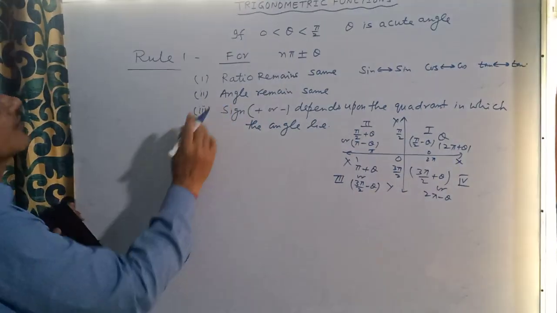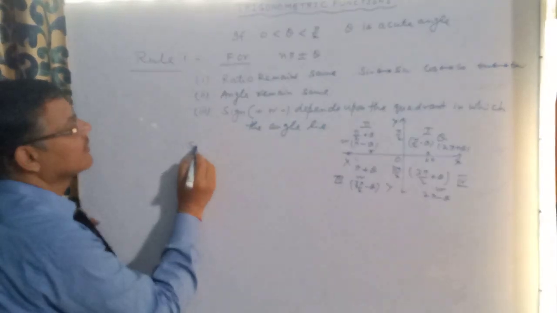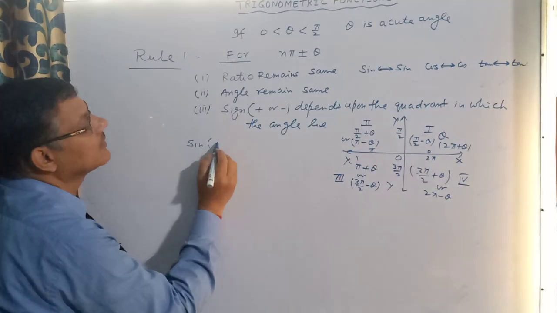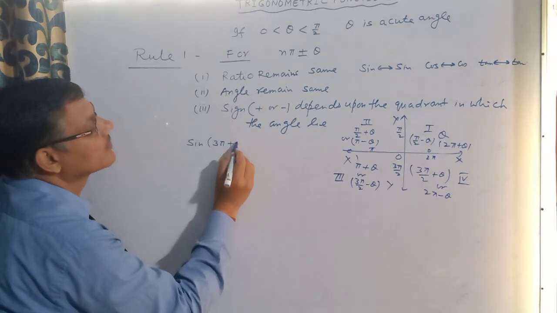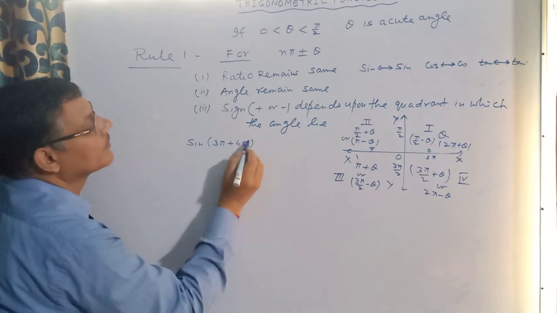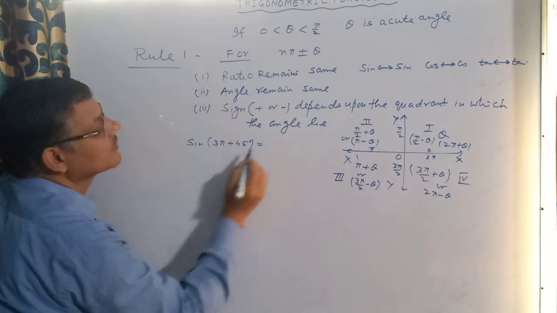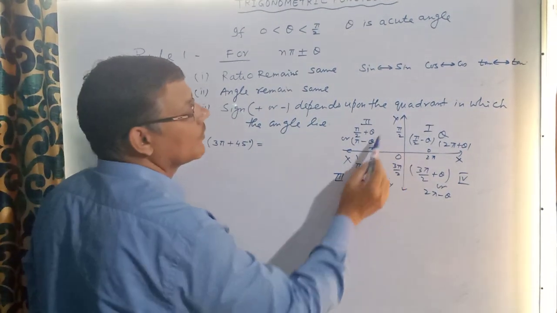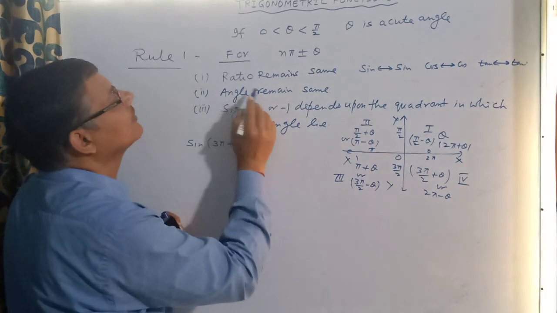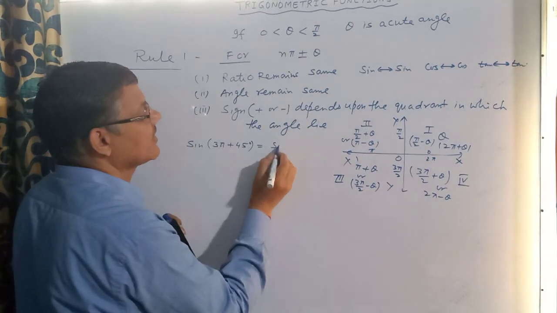So this is the rule. For example, if we want to get sine of 3 pi plus 45 degrees, in which quadrant does it lie? By rule number 1, the ratio remains the same, that is sine.